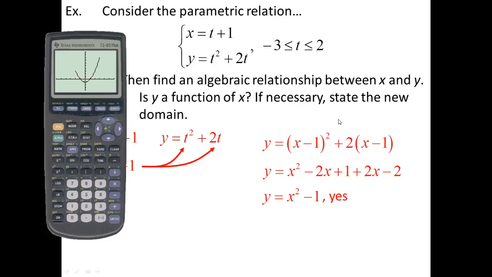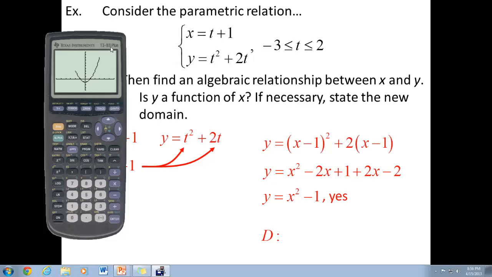Now here's where we need to pay close attention. Remember, domain is in terms of x; domain is the x values that are being used. I could just look at the graph and say, well, the x values go as far to the left as -2, as far to the right as +3, so my domain is -2 to 3.